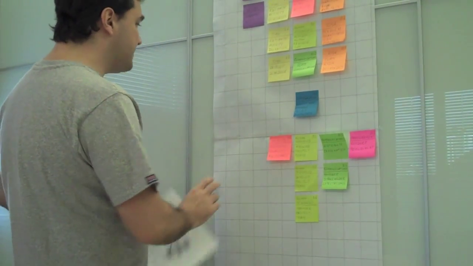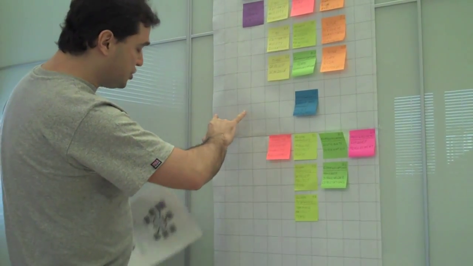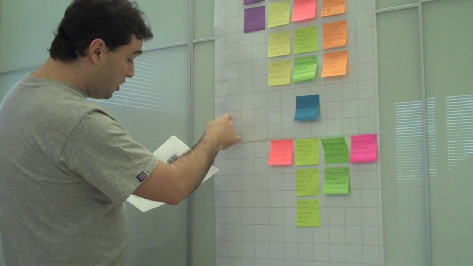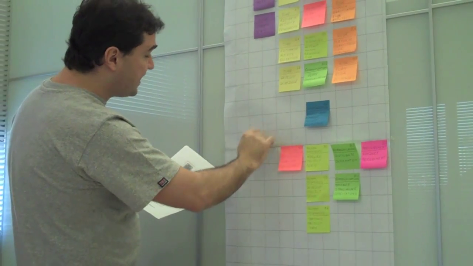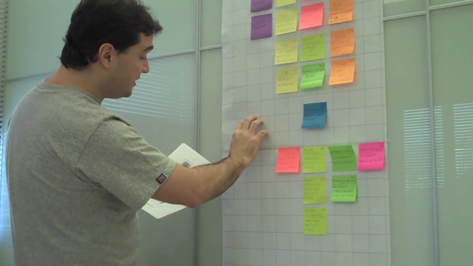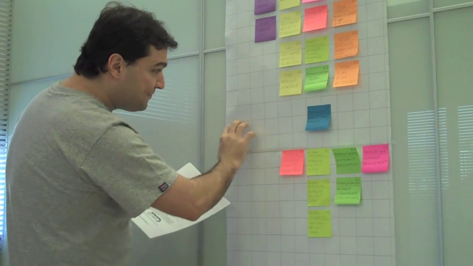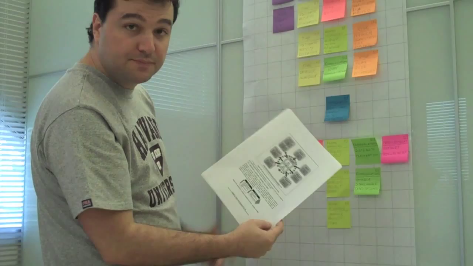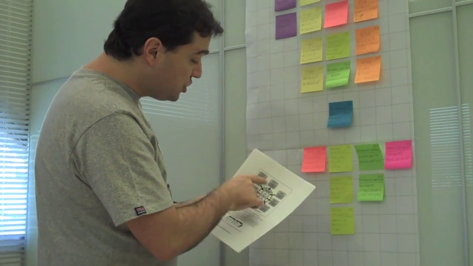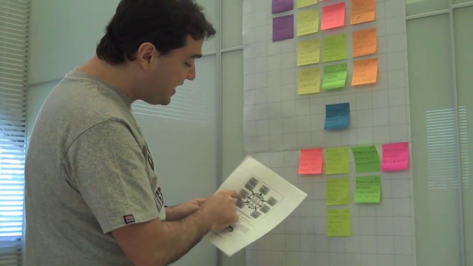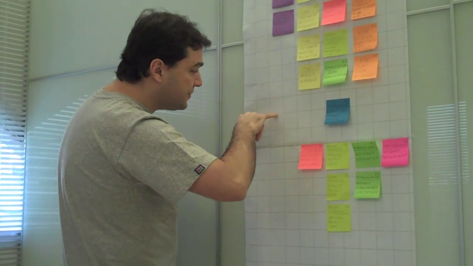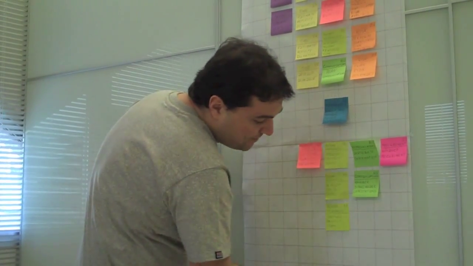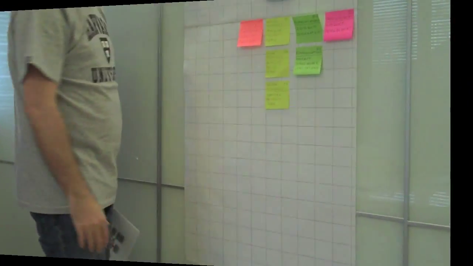But now I think it's better to put the 4.4 and 4.5 here, the monitor and control project work and also the integrated change control. With these two processes here, I can connect all the others. If we look back at the PMBOK guide, I have 2, 3, 4, 5, 6, 7, 8 processes. So I'm planning to use these 2 here and then all the 8 processes here. This will open the space for the closing process here.